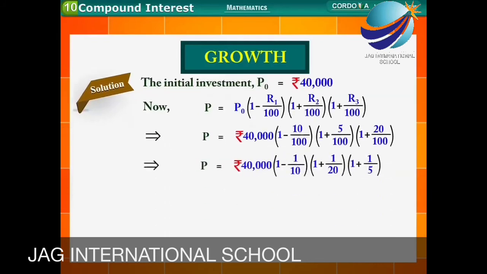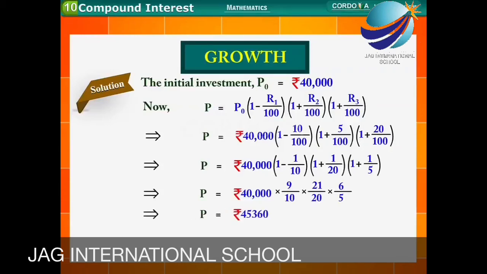This implies P is equal to rupees 40,000 into (1 minus 1 upon 10) into (1 plus 1 upon 20) into (1 plus 1 upon 5). This implies P is equal to rupees 40,000 into 9 upon 10 into 21 upon 20 into 6 upon 5.